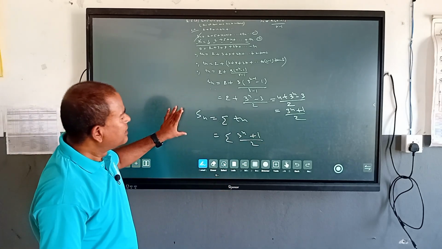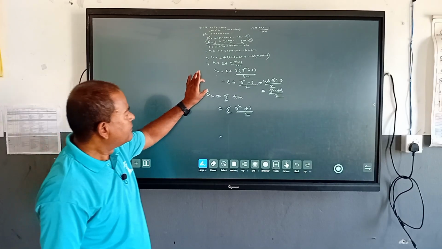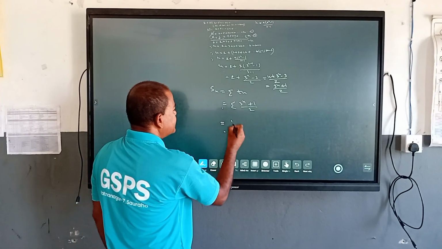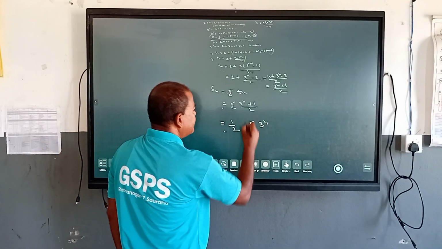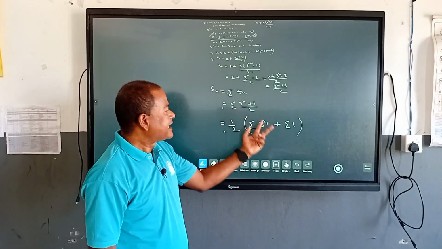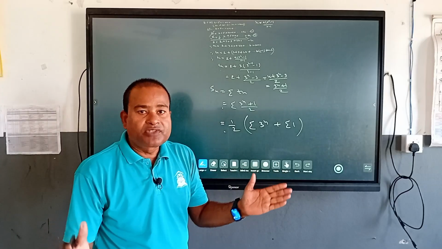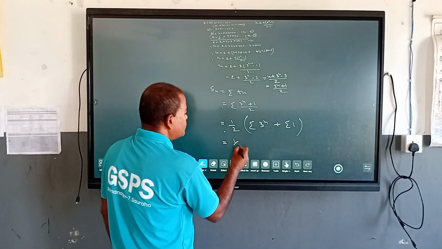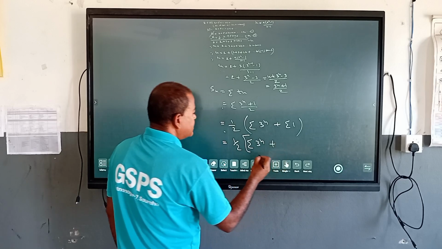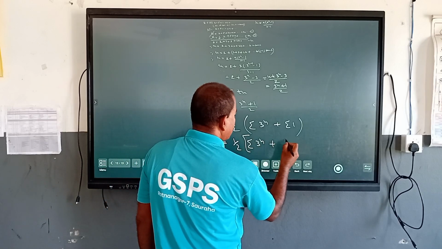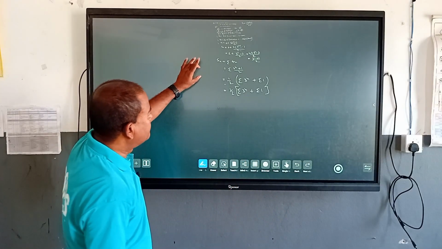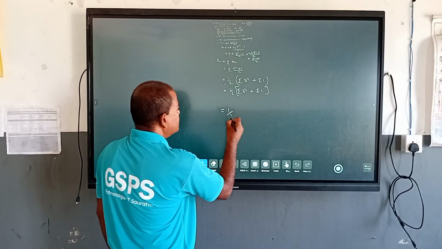So dear students, we have substituted the value of Tn. Tn means 3 power n plus 1 divided by 2. So let's write it as summation 3 power n plus summation 1. Now this series we can write as the sum of two series, that means we can break it down into two parts: summation 3 power n plus summation 1, all divided by 2.